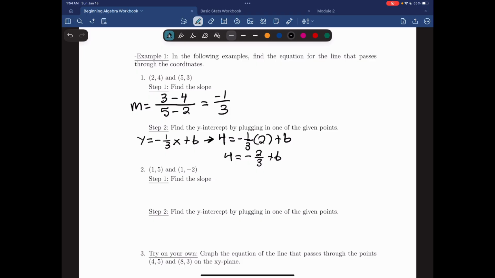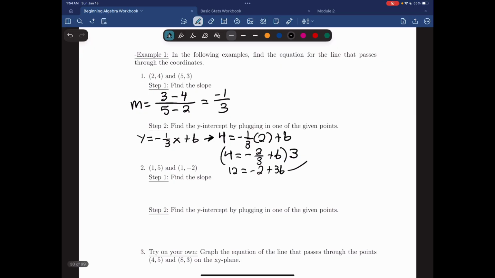Now to get rid of this fraction, I'm just going to multiply this entire equation by 3. So we're going to get 12 equals this 3. When you distribute that in, these 3's cancel, so you just get -2 plus 3b. Okay, so now to solve for b, let's add 2 on both sides.